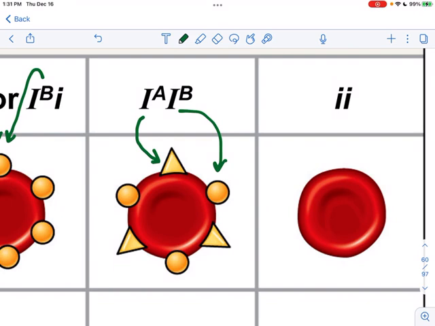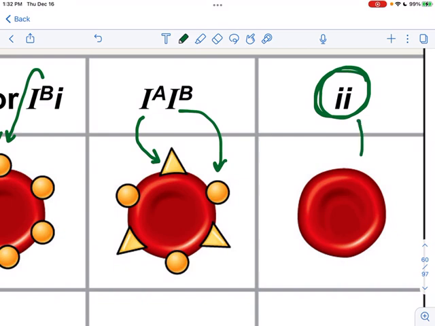And then individuals who are like me, and there's quite a few of us, this is actually one of the most common blood types in the world. It is called type O. And individuals who are type O have the two little i alleles, or what could be referred to as recessive alleles, because the only way for it to be truly expressed is to appear in a homozygous individual.